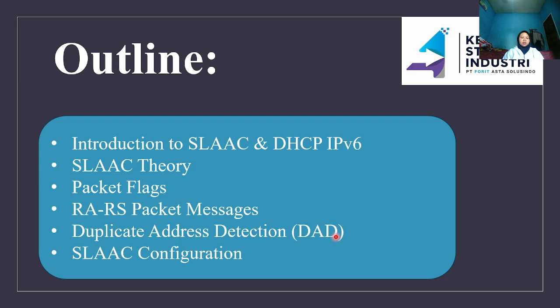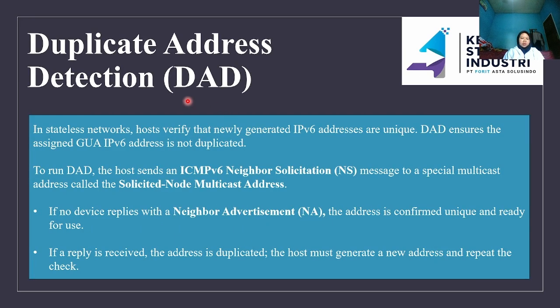Now let's continue to the DAD topic. DAD stands for Duplicate Address Detection. In a stateless network, hosts verify that newly generated IPv6 addresses are unique. DAD ensures the IPv6 address is not a duplicate.